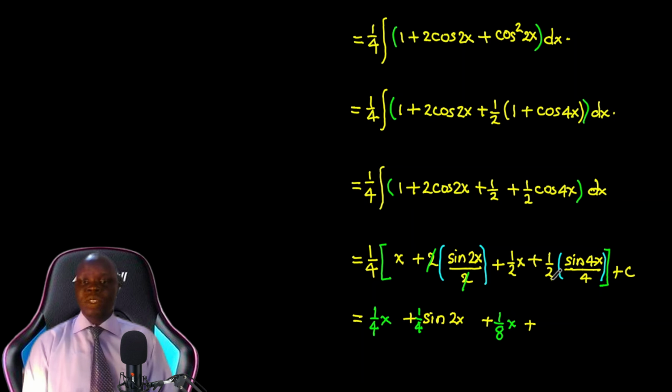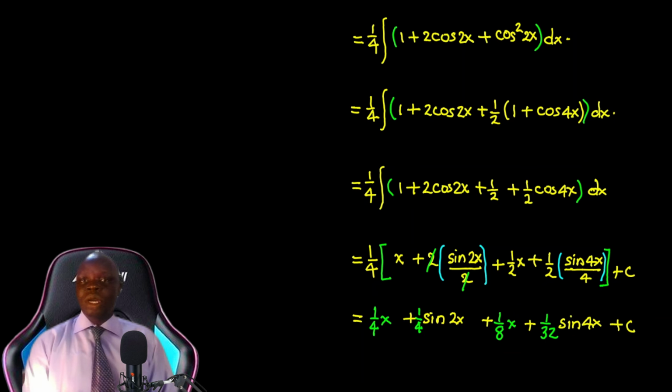So 4 times 2, we get 8. 8 times 4, we can have 32. So we shall have here 1/32 times sine 4x. So this is our solution plus our constant of integration.